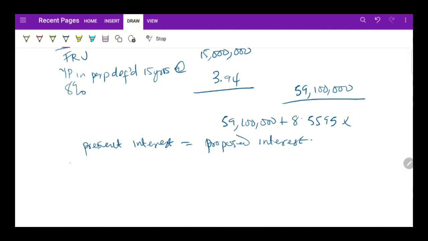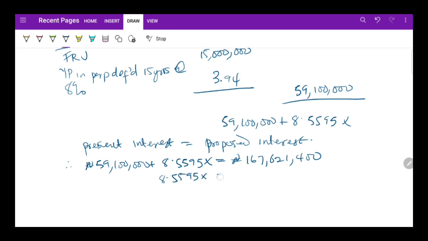So therefore that means 59,100,000 plus 8.5595x must be equal to 167,621,400.